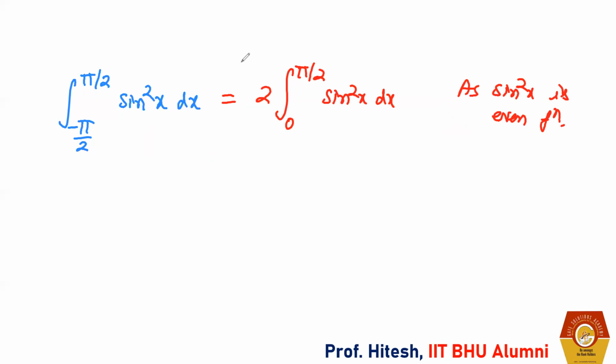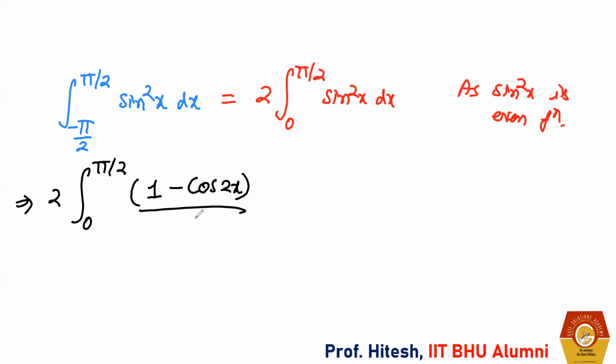Okay, so the point is 2 times the integral from 0 to pi upon 2, sin square I will write as 1 minus cos 2x upon 2 dx.